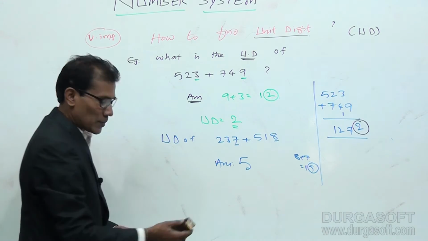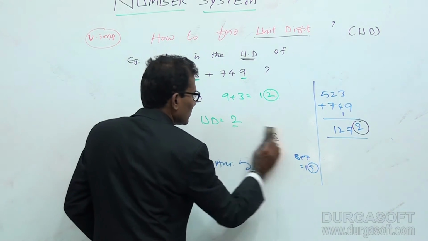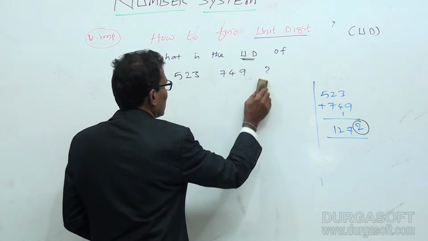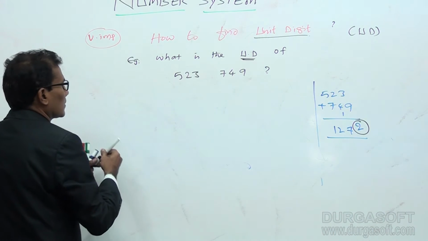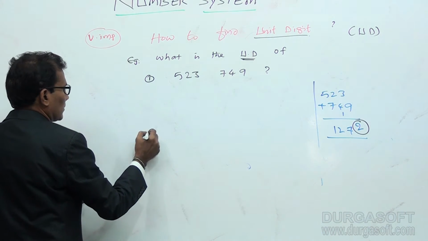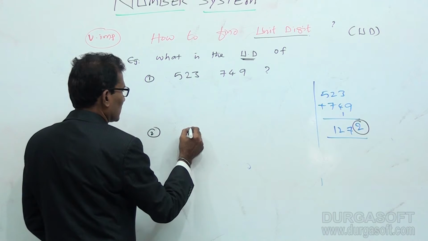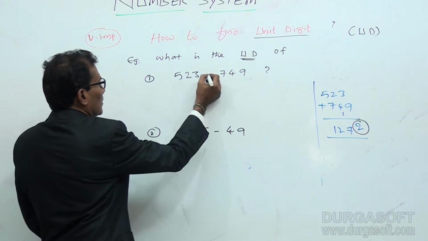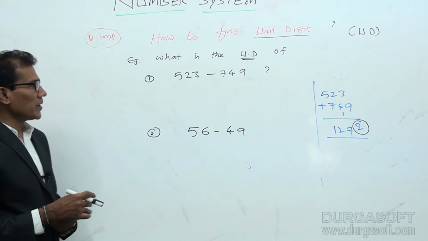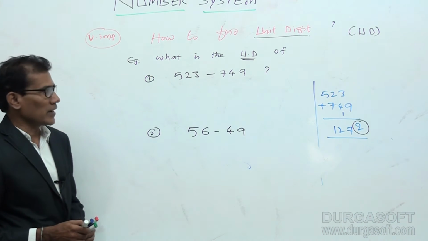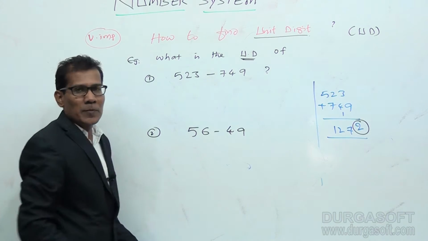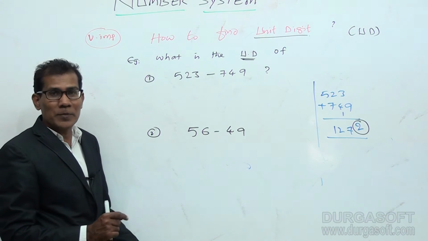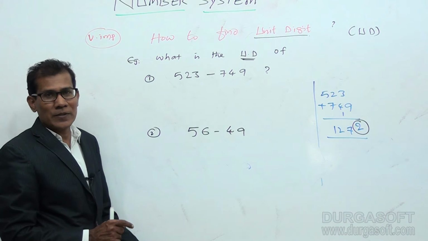Then let us see subtraction. What is the unit digit of 523 minus 749? If there is a subtraction between two numbers, we always subtract the small number from the big number, never the big number from the small number.